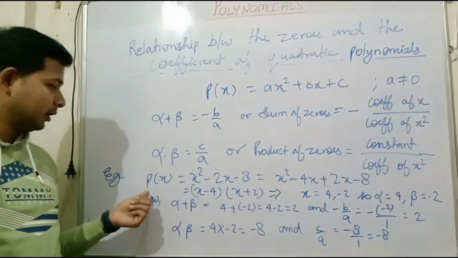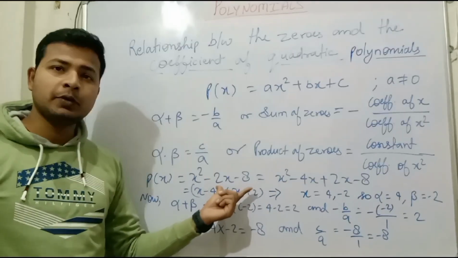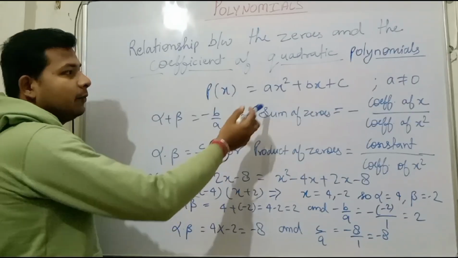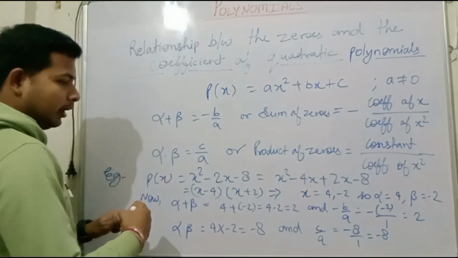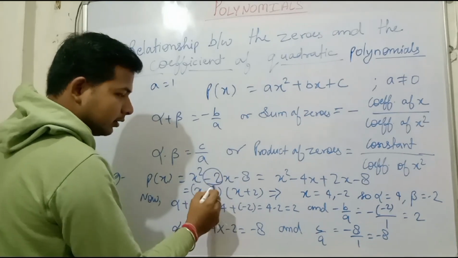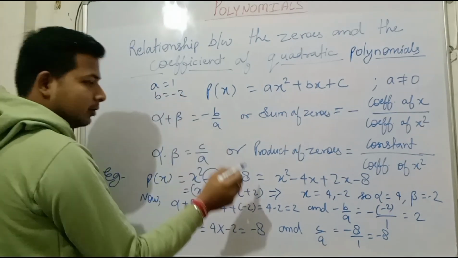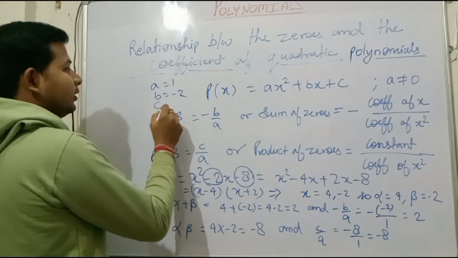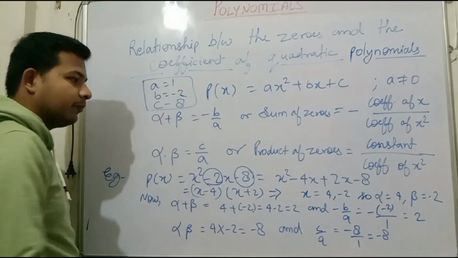Here the question is p(x) equals x square minus 2x minus 8. Now compare this with ax square plus bx plus c. a is 1. What about b? b is minus 2. What about c? c is minus 8. Okay.